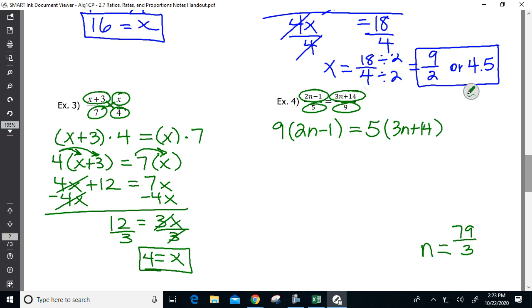So cross multiplying, you're making an x. Alright, so let's start solving. So we have parentheses on both sides. That means we need to do what?